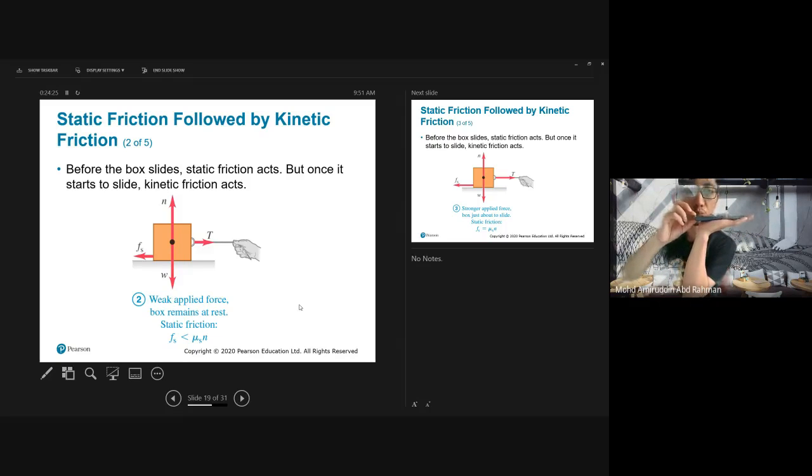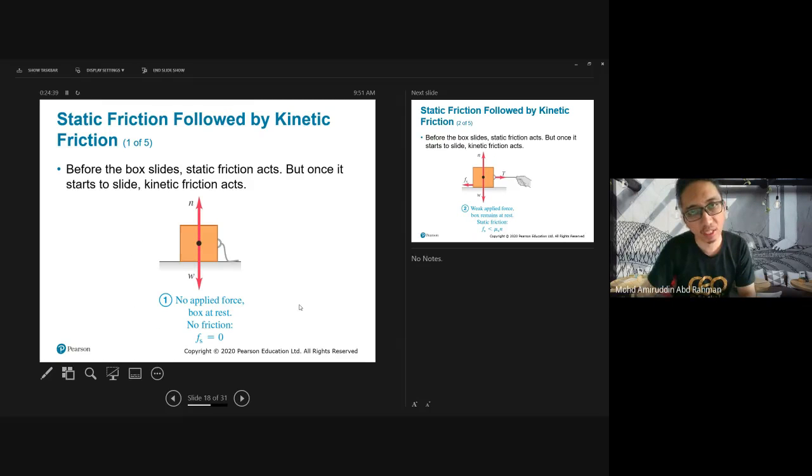This is an example where I apply only a soft force. When I apply a soft force, the object is still at rest. So here is what we call static friction. Before this, Fs is 0, there is nothing, I don't put my hand over here.